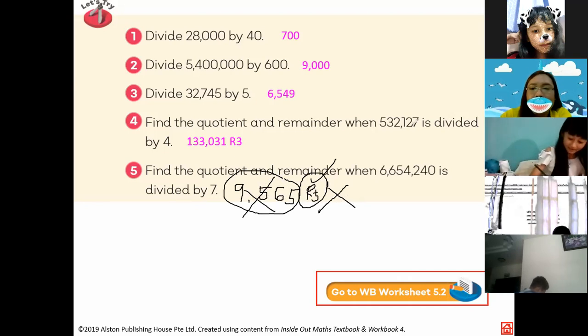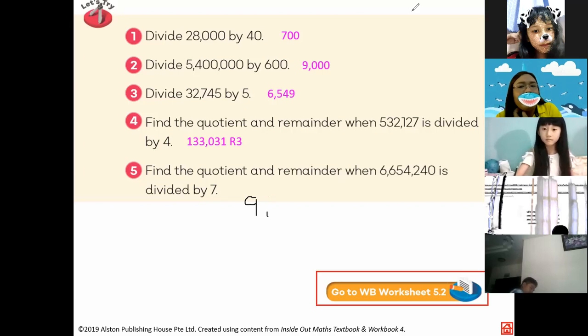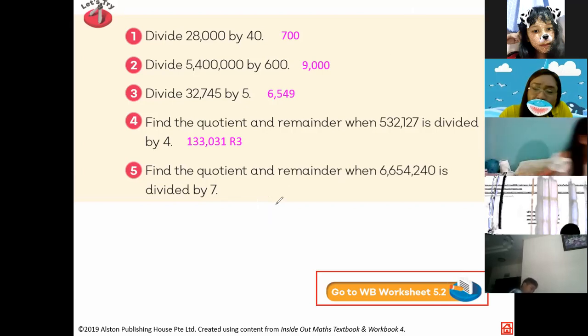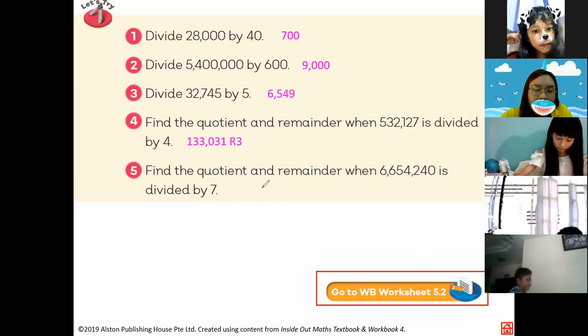Teacher, me. Okay, Spy? 9,561, remainder. Again. Is it 9,000 or 950,000? 950,000.